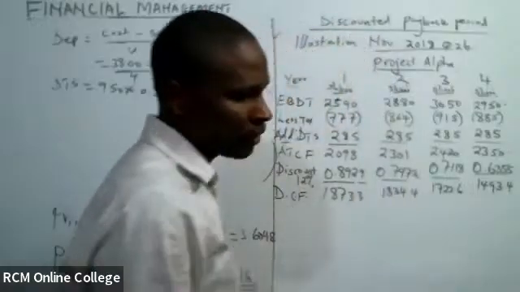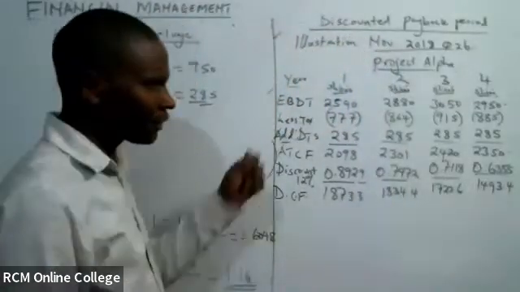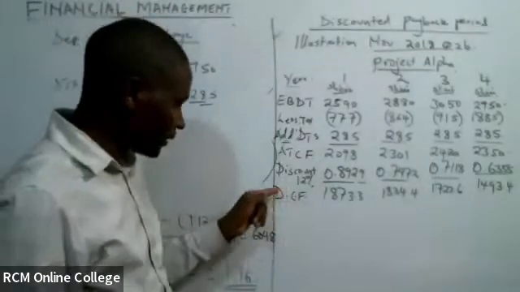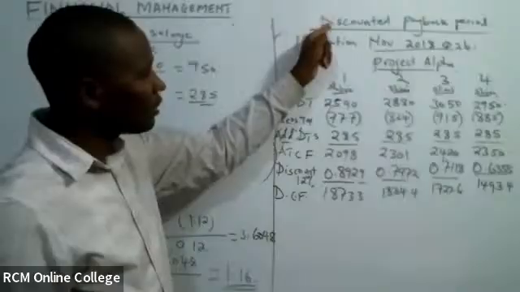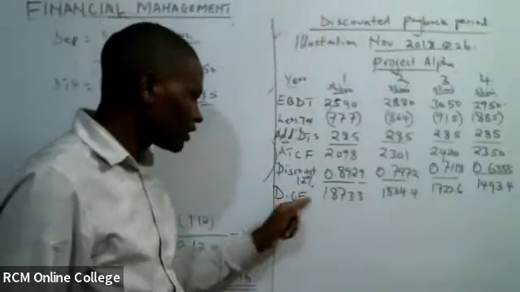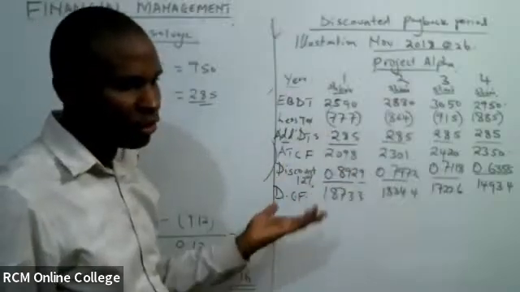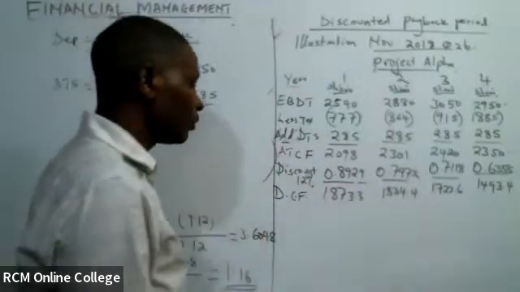This is what we wanted, the discounted payback period. Yes, we have discounted our cash flow. Now we revert to the method to get the payback period.